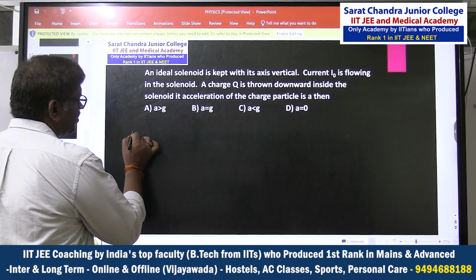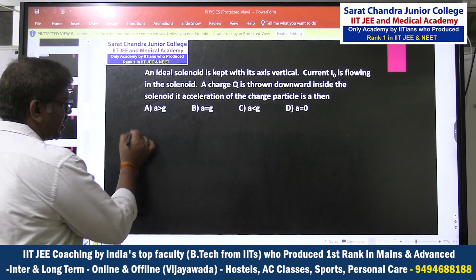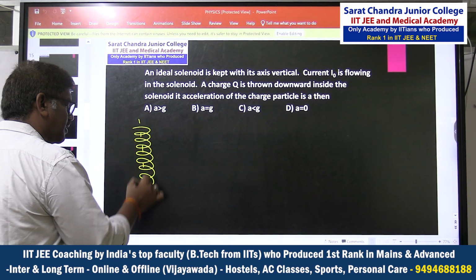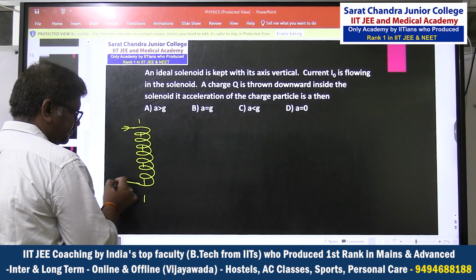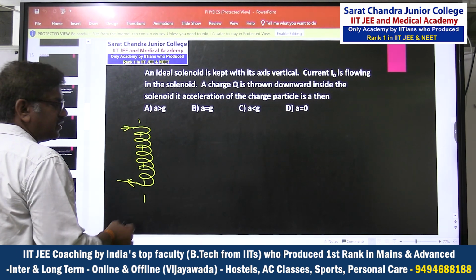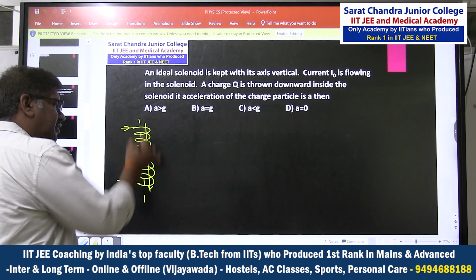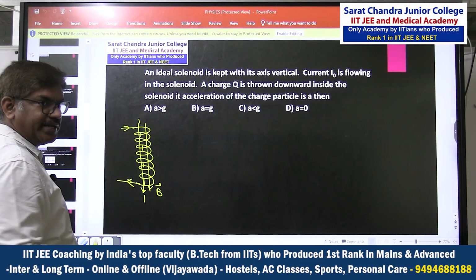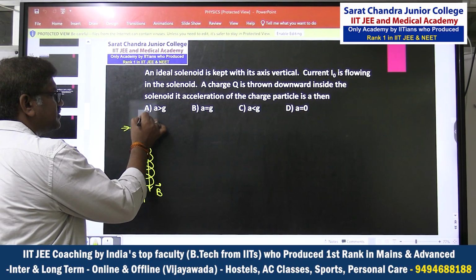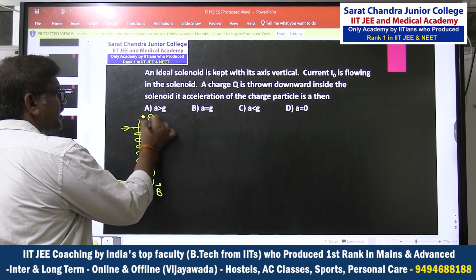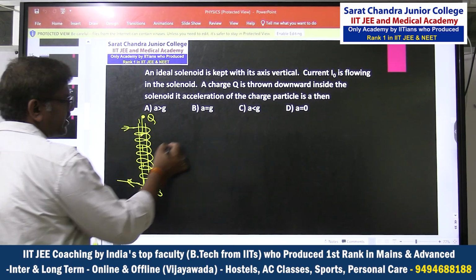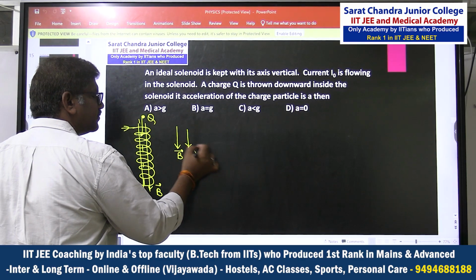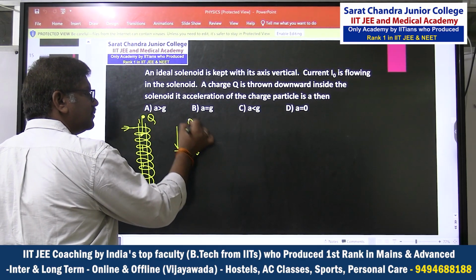So suppose there is a solenoid having its axis vertical and the current is flowing in it, so whatever the magnetic field is, that will also be vertical. Now when the charge is thrown downwards, you can clearly see that the magnetic field and the velocity of the charge both will be parallel.